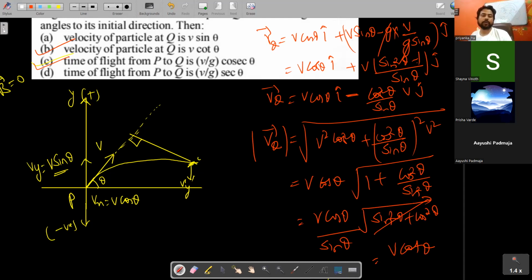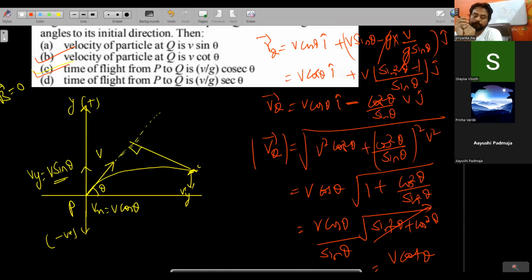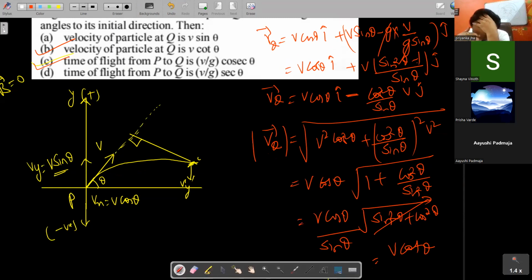Tell me, did you understand or not? Sir, after that, the product of the two vectors will be 0. Sir, after that, I was not able to write the steps. So see, you took the dot product, right?